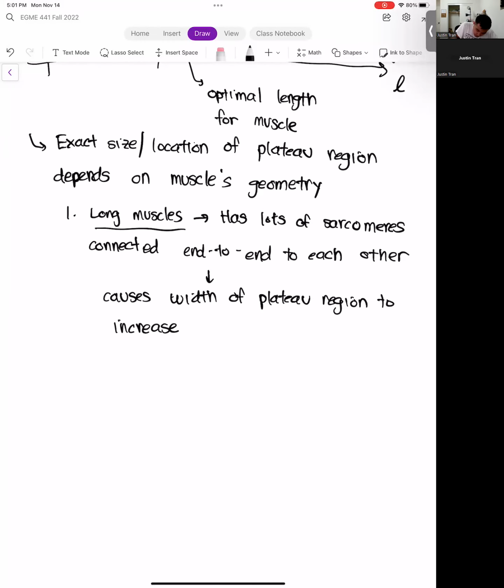Number two. The opposite of a long muscle, of course, is a short muscle. Instead of having lots of sarcomeres connected end to end, it has a very small number of sarcomeres connected end to end.